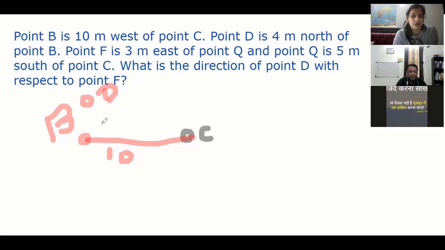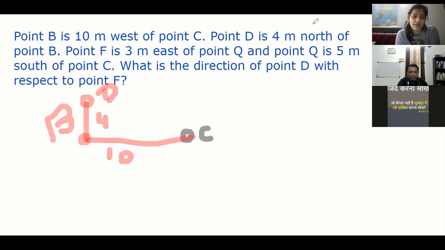Then point F is 3 meter east of point Q. That point isn't there yet. So what will we do? We will go ahead. Simple. And point Q is 5 meters south of point C. South means towards the downside, so Q will come.